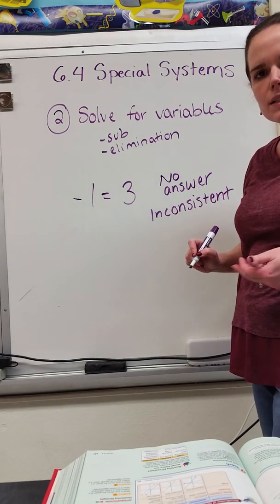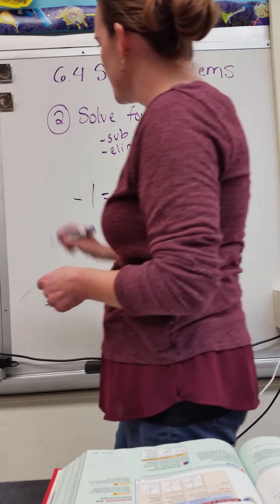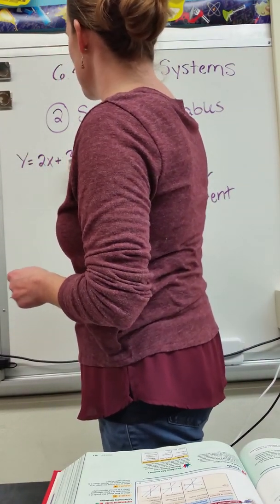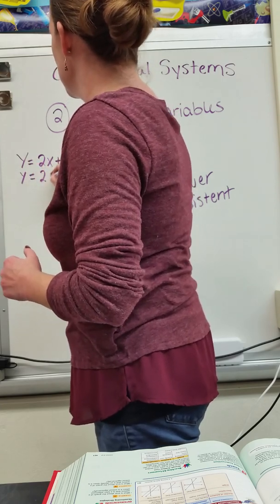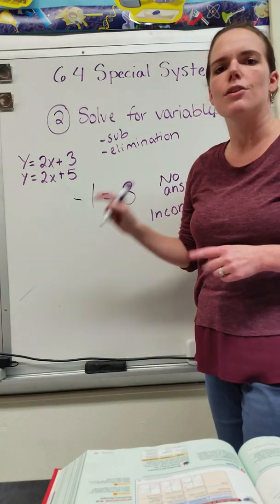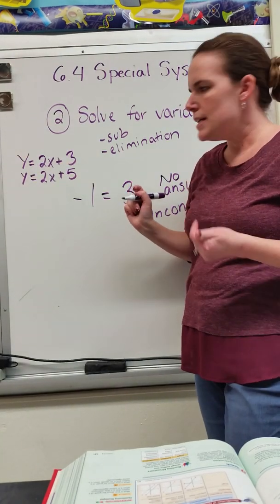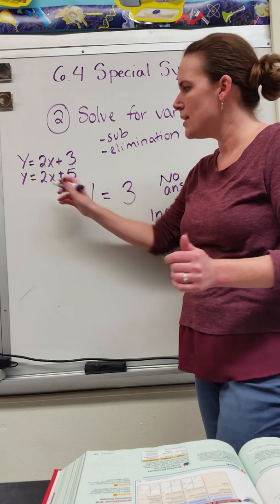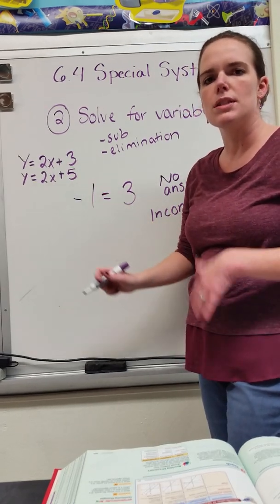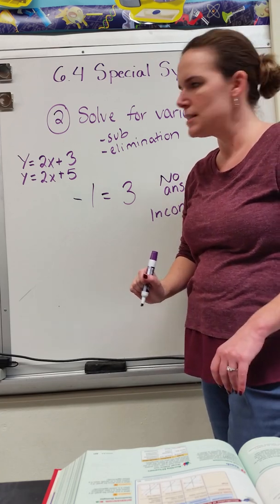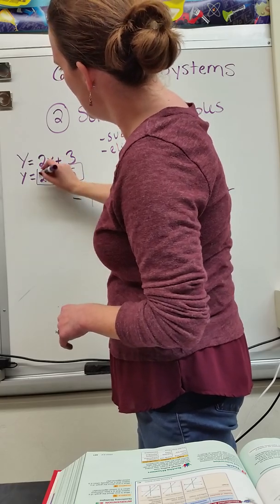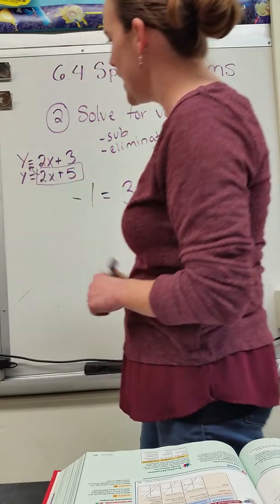Going back to that example that I made up, I think I had 2x plus 3 was the one, and then 2x plus 5 was the other. If I didn't notice that these have the same slope but they're different lines, and I wanted to use the substitution method, I could just take this equation and plug it in here for y.